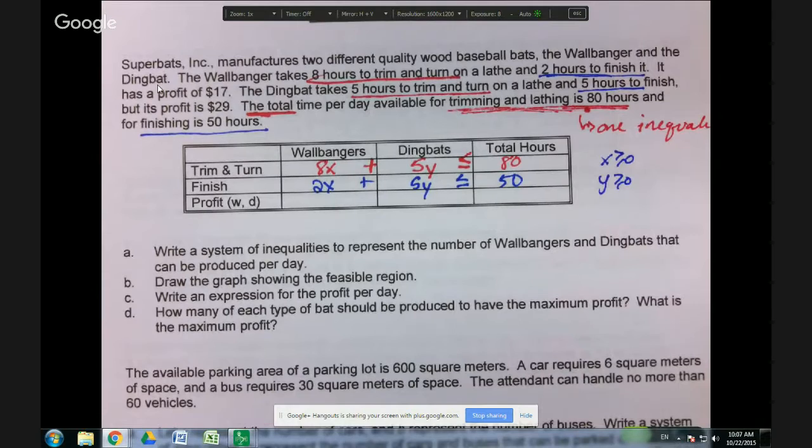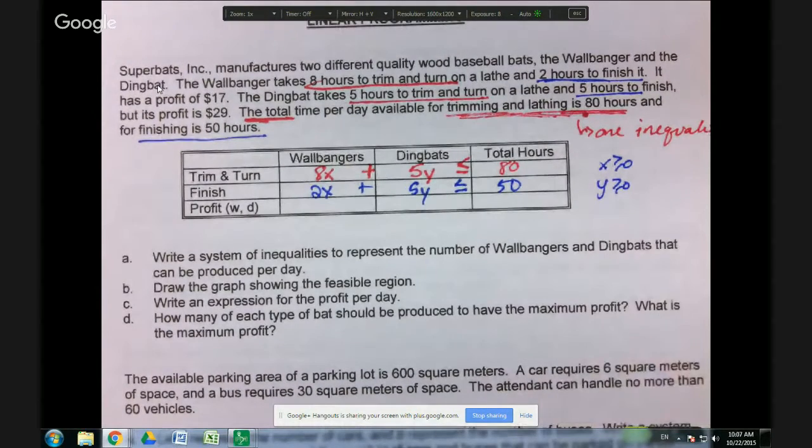No, so they're going to be greater than or equal to 0 if you need to write those down, right? Now you have the same problem that you've had the last couple days. So go ahead and graph those. Get used to it.